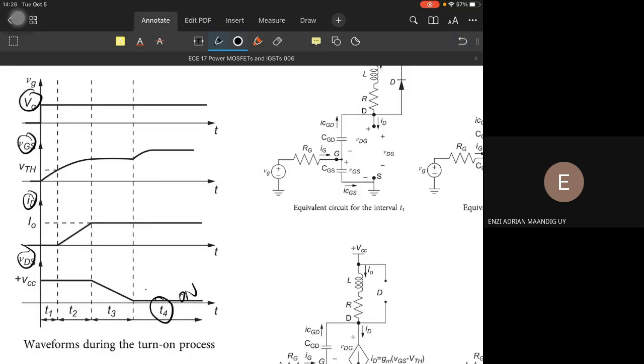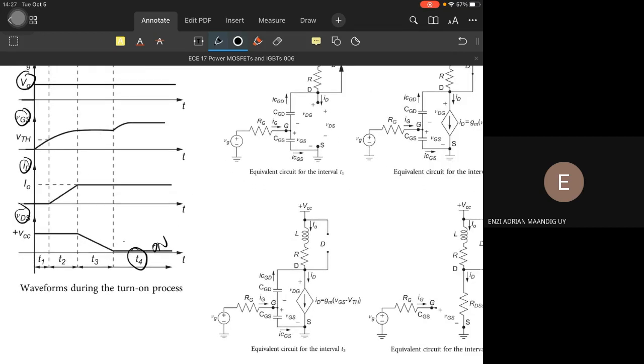Then at T1, ID is 0 and VDS is high, or equal to VCC. So again, because of these non-instantaneous delays, that is the reason why our power transistors or power electronic devices consume power, because of the length of the time delay.